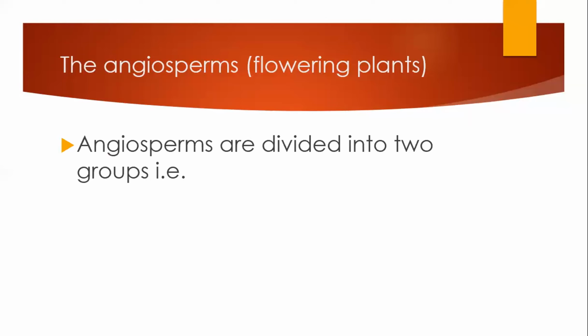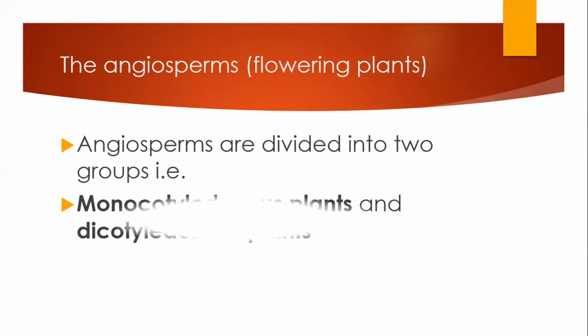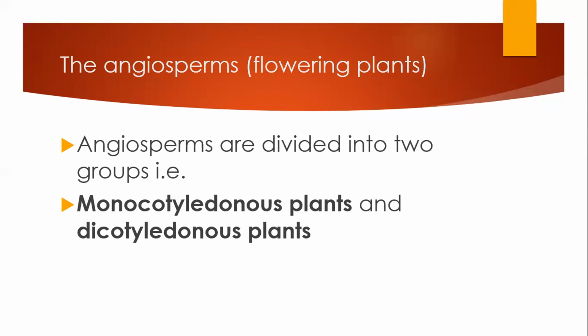So we move on. You notice every time we are picking one group and continuing with it. Now we are continuing with the angiosperms, which we have called the flowering plants. This group has also been divided further into two groups: monocotyledonous plants and dicotyledonous plants.